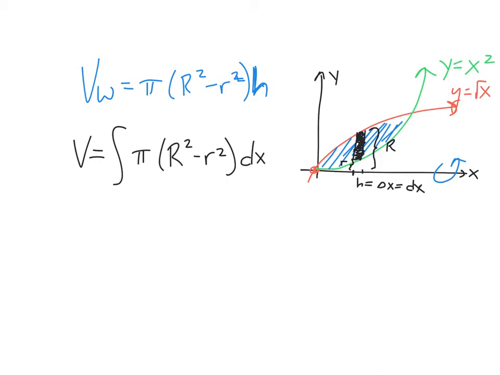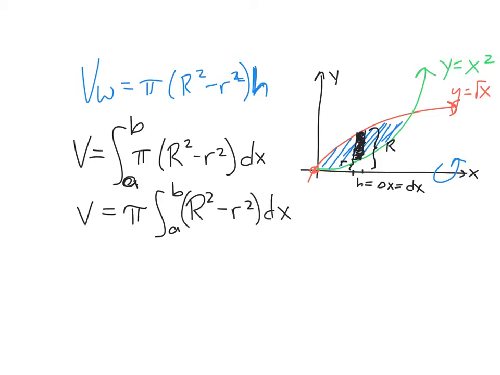And then we're bounded by some interval from a to b. So I'm going to rewrite this a little bit because I can take that pi out, which is how we usually see it with the constant in front, the integral from a to b of big R squared minus little r squared dx.